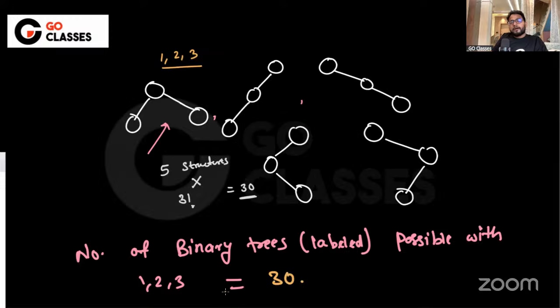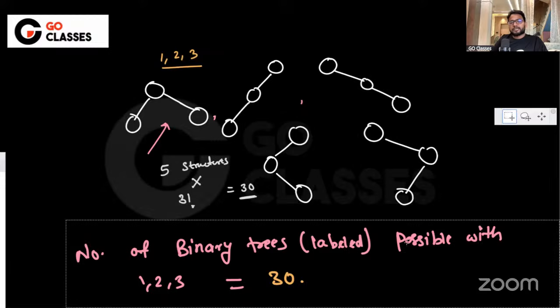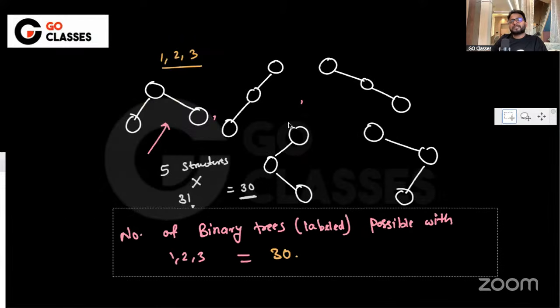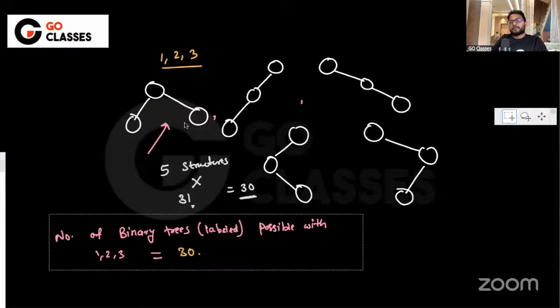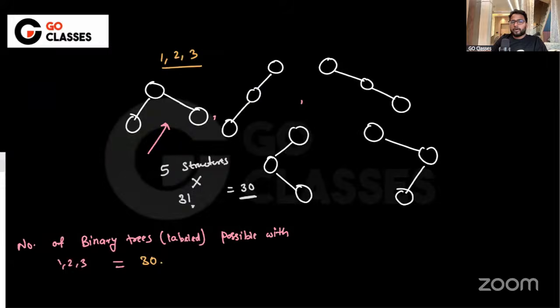Now, suppose they ask you unlabeled. In that case, they are talking about the structures, which are basically 5. Structures you can draw manually, or there is some formula, but don't worry about that formula. So there are 5 structures possible. Some people call it an unlabeled binary tree.